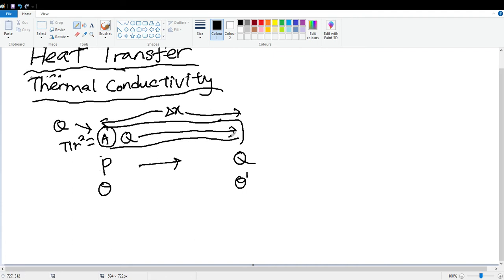This is because Q is the last point the heat reaches, going from point P to point Q. So with the temperature at point P and the temperature at point Q, I can conclude that theta prime is equal to the initial temperature minus the change in temperature along the wire from point P to point Q.